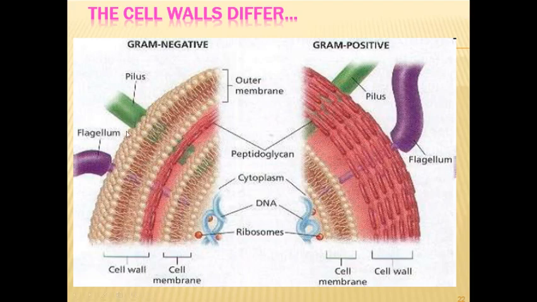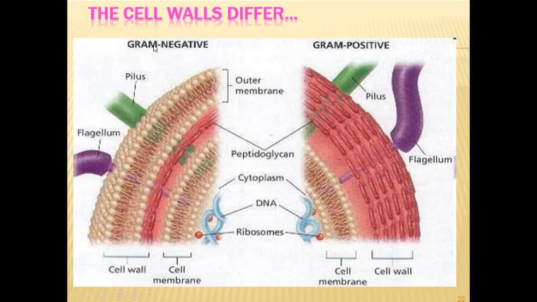This is a diagrammatic representation of the cell wall of gram negative and gram positive bacteria. You can observe here, this one is the lipid content, this one is the gram negative bacteria. So you can remember here, whenever you answer about gram staining, gram negative means negative, nothing but minus, so less.